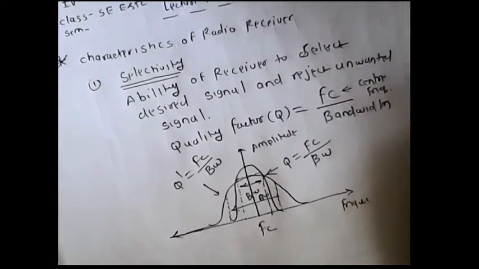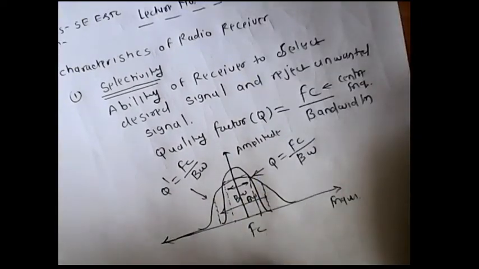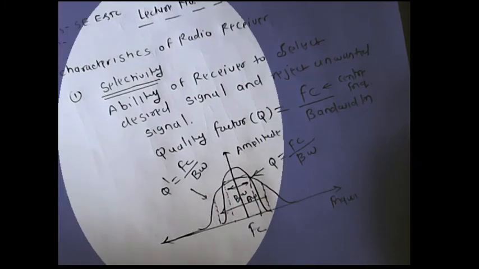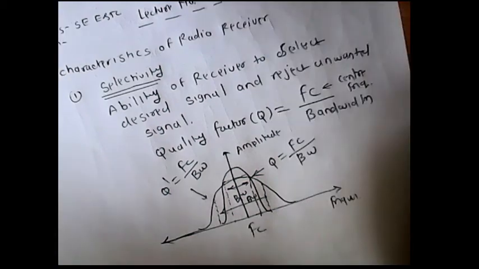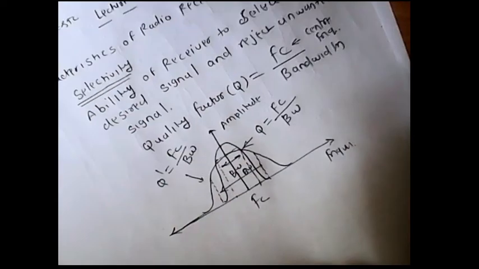From this curve we conclude graphically that whenever the bandwidth is higher, the quality factor is less, and when the bandwidth is less, the quality factor is higher. So selectivity is the ability of the receiver to select a desired signal and reject the unwanted signal.